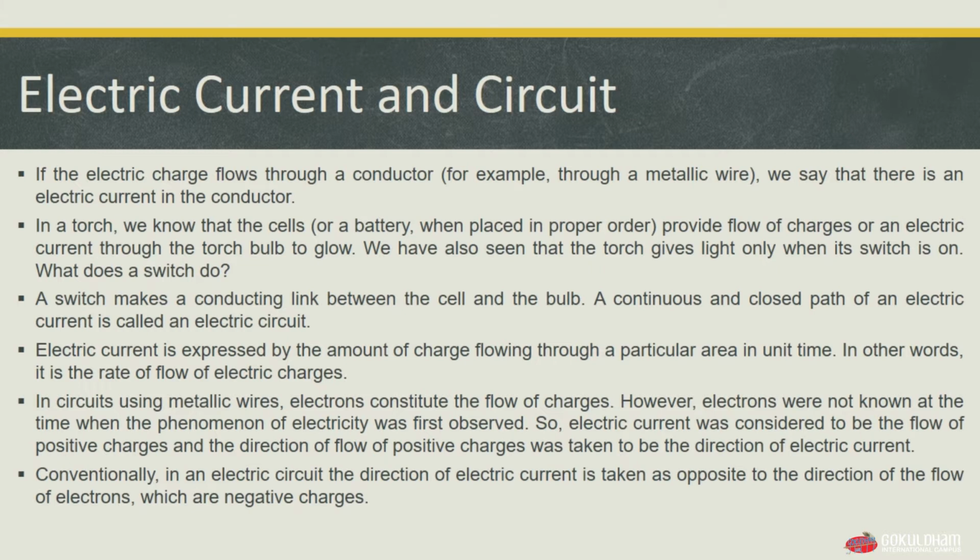So as electrons were not known, the electric current was considered to be the flow of positive charges, and the direction in which this positive charge flows was taken to be the direction of electric current. And conventionally in an electric circuit, the direction of electric current is taken as opposite to the direction of flow of electrons, as electrons are negative charges.